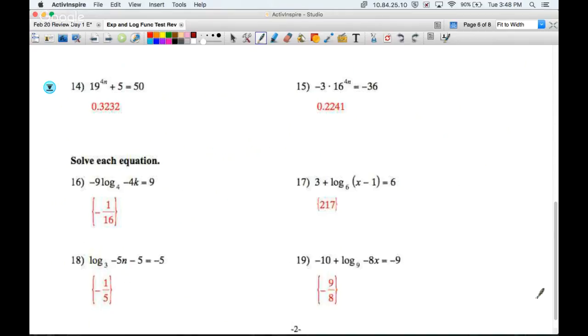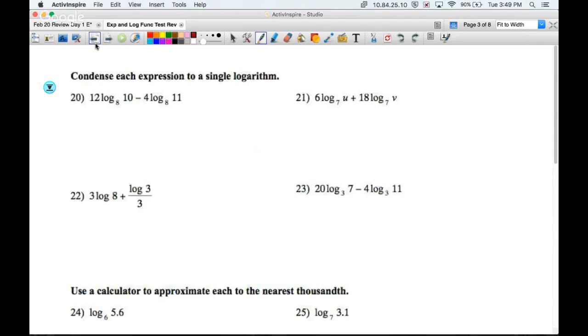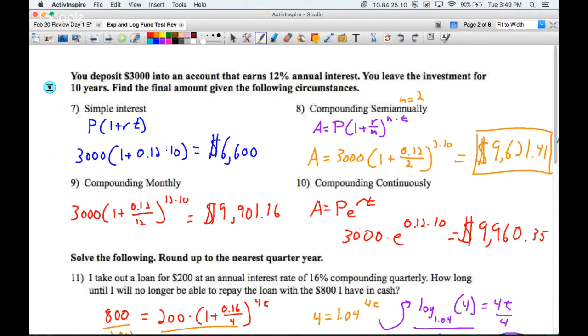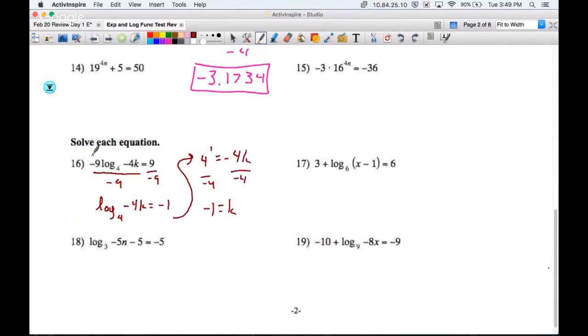Let me check this. It gives me -1/16. I think I missed something. Let's see, I divide both sides by -9. That gives me -1. 4 to the power of -1, I needed to simplify that.